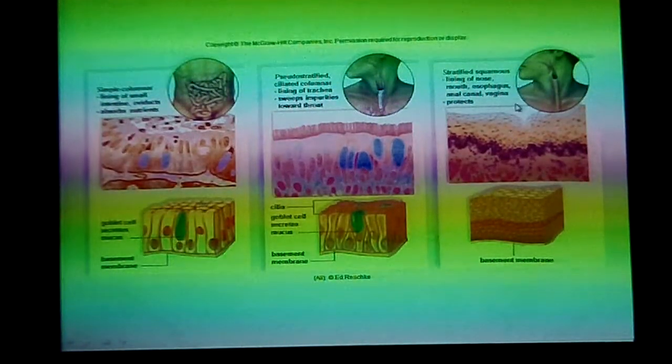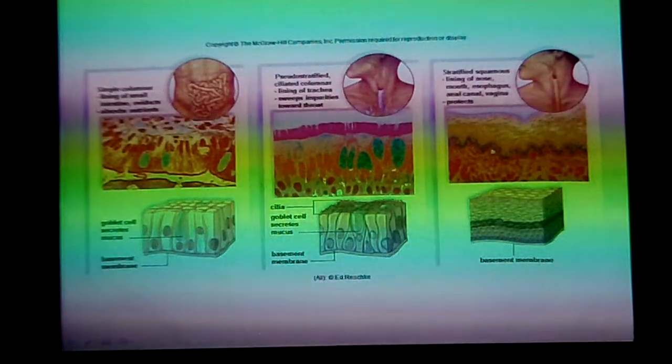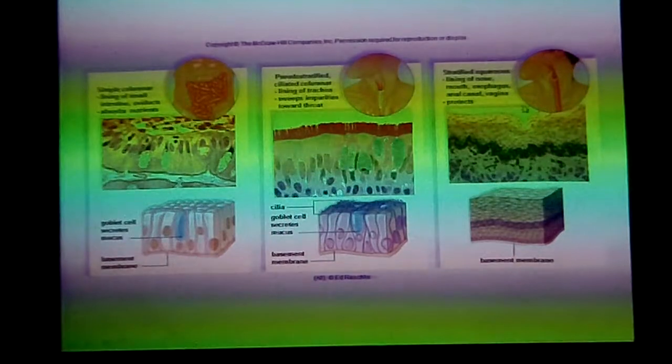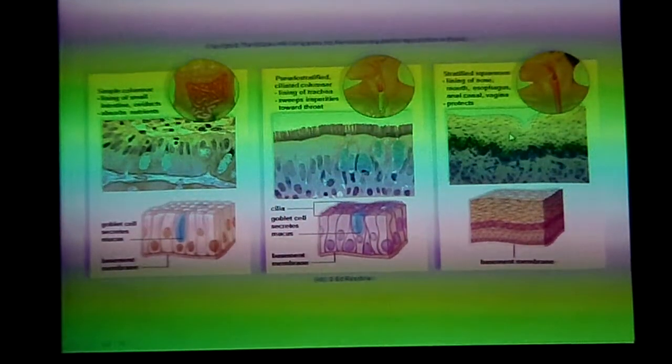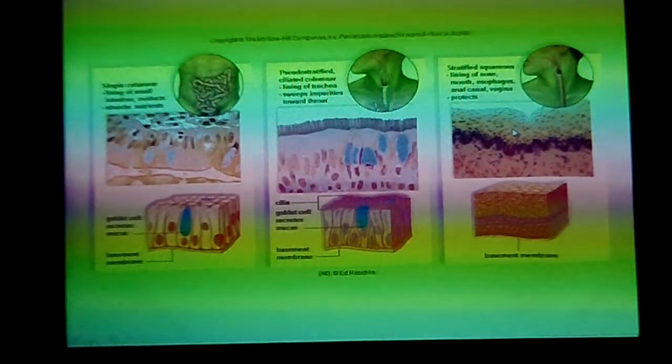Okay, anyway, look at this. This is the lining of your mouth, and your skin looks like this over here. It's called stratified squamous epithelium. And by the way, you should be looking at this in your book while we're going.